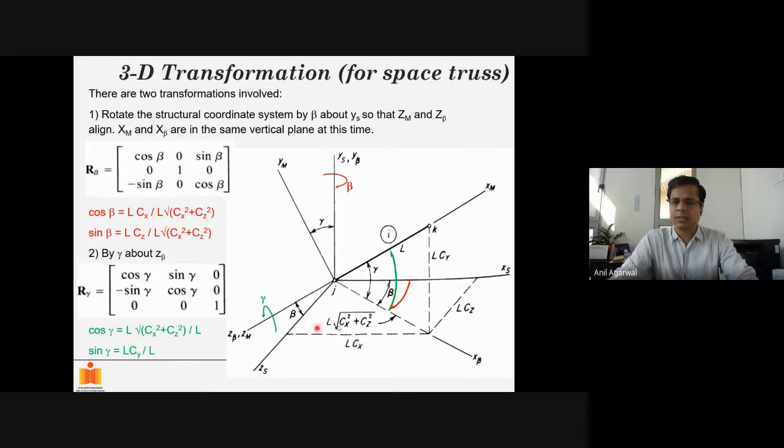What I had said was that at the same time, my zs will also move by beta and will align with zm. How do I know that these two things will happen at the same time? x beta will be right under xm, and at the same time, zs will become z beta, which will be aligned perfectly with zm.